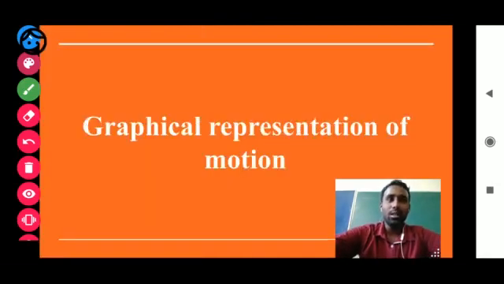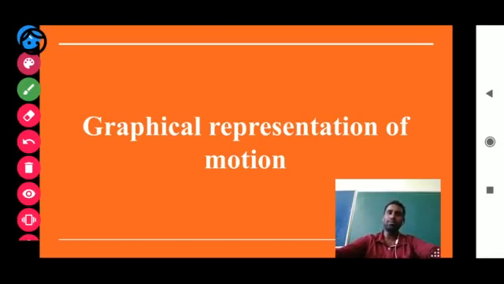Okay, today we are going to see the graphical representation of motion. What is the use of it? Before that, what is meant by a graph? Anything we can view easily, we can predict easily. If you are watching a cricket match, they put up a line graph.